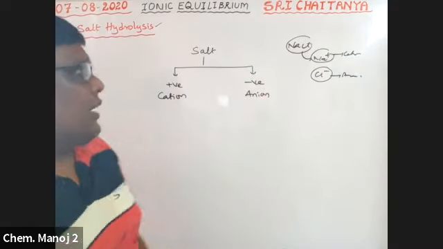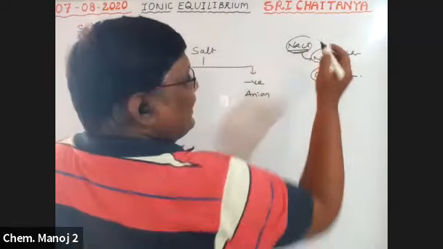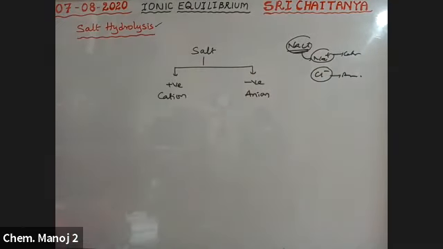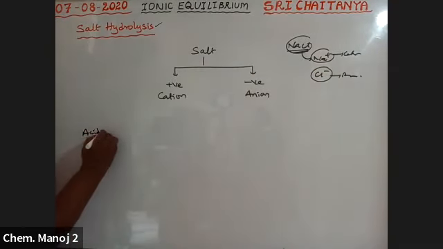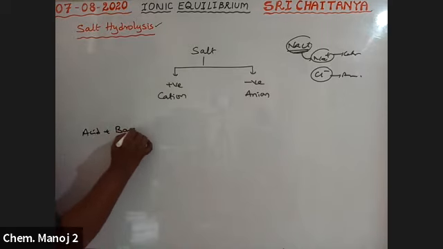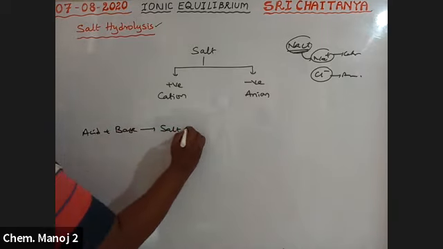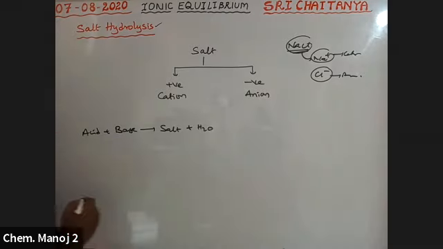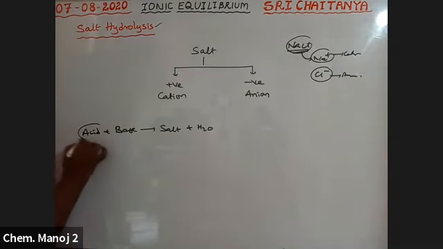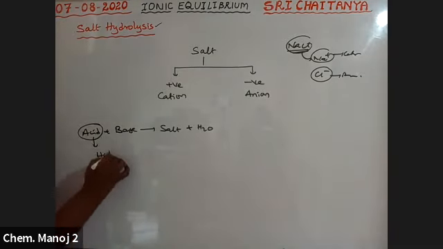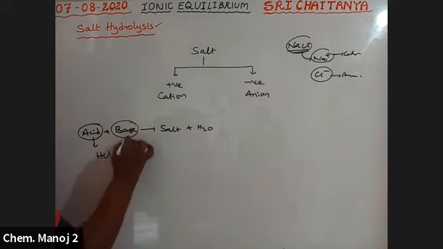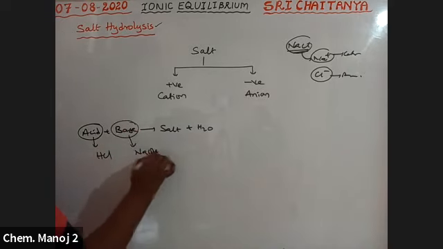How are these salts formed? I already told you in Arrhenius theory: an acid reacts with a base to give salt and water. Let us take HCl as an acid and NaOH as a base.